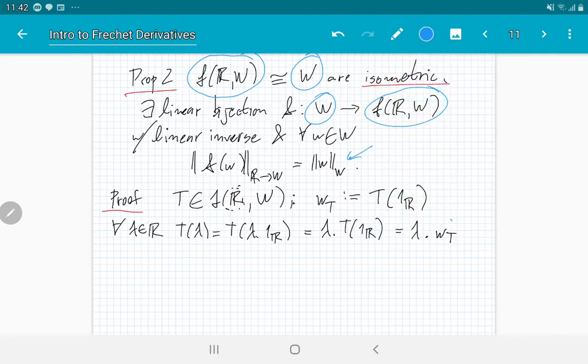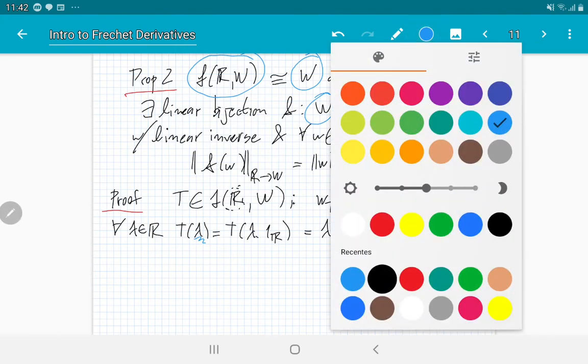The upshot of this is that if I know this vector, I know how the transformation acts over any lambda. So T mapping to w(T) is injective. Two linear transformations, T and T prime, are equal if and only if w(T) is equal to w(T prime). And there's more, actually.